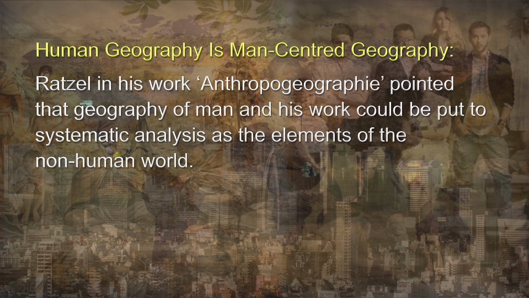Human geography is man-centered geography. Ratzel in his work Anthropogeography pointed out that the geography of man and his work could be put to systematic analysis as the elements of the non-human world. In the first volume, his emphasis was on the manner in which human life upon earth is shaped by the physical environment.